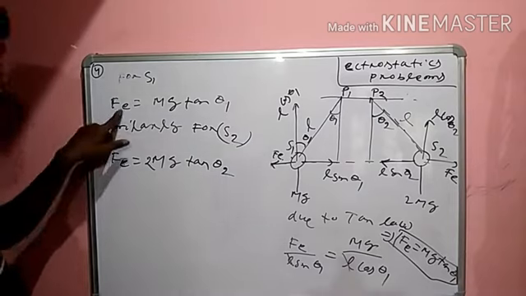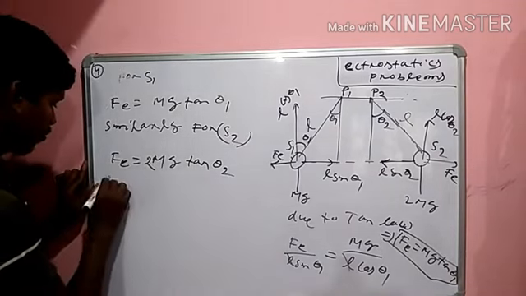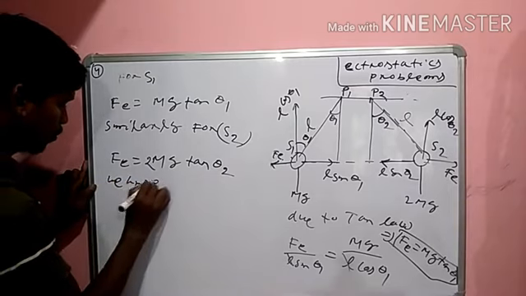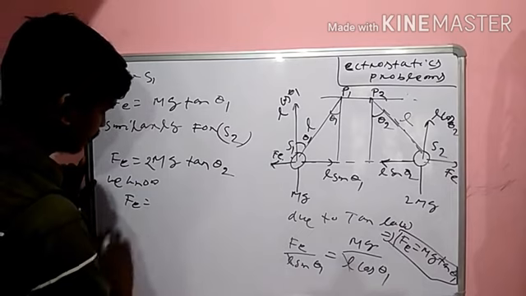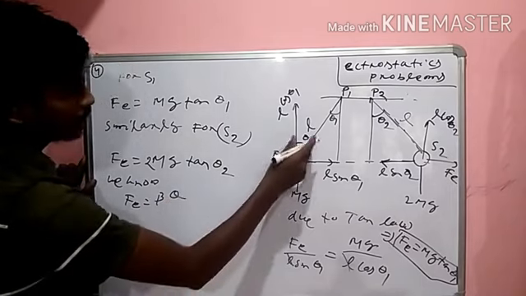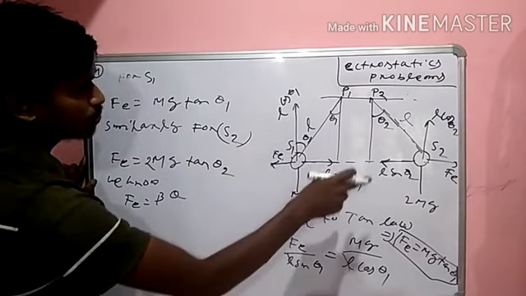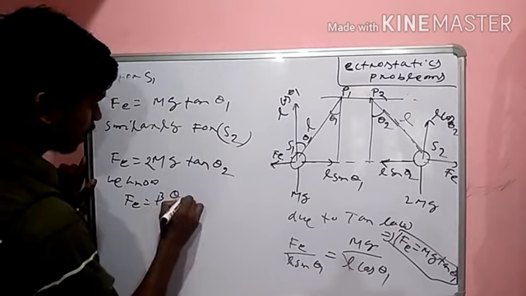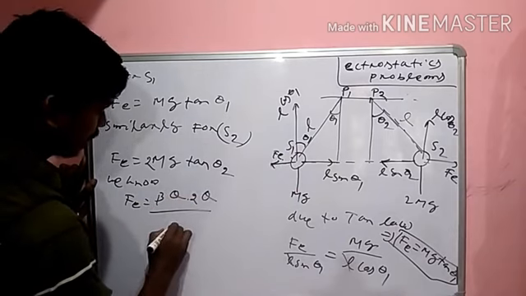But this F is equal, because we know F is equal to beta q's. For S1 it is q charge, for S2 it is 2q charge. Beta q into 2q by r square.